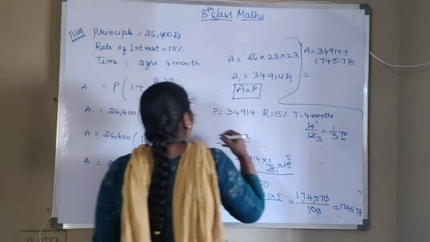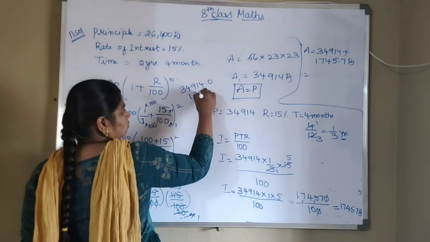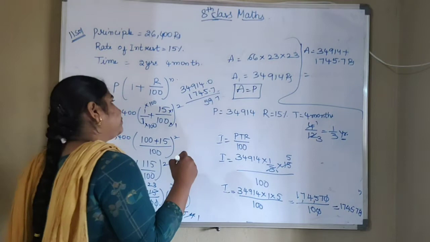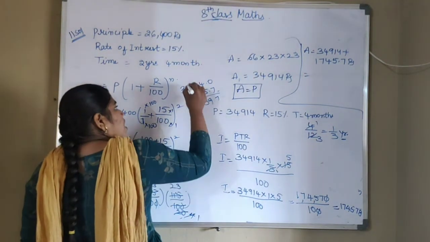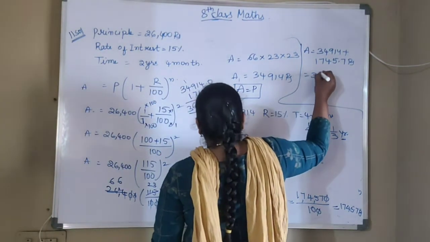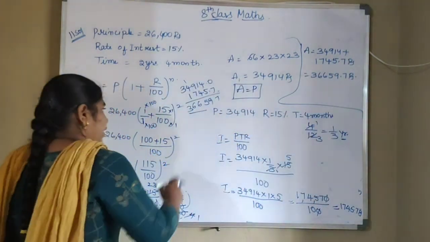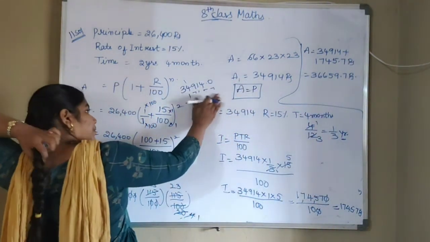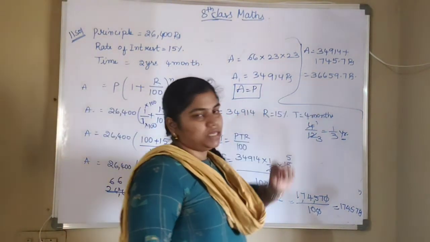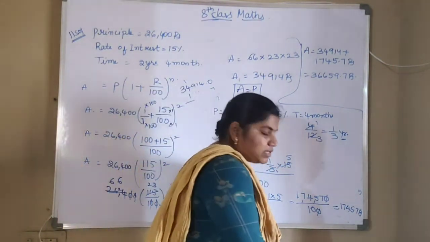So if you add this, how much will you get? So what is the amount she will pay after 2 years 4 months? That will be 36,659.7 rupees. So this is our 11th question. Okay. So next is the 12th one.